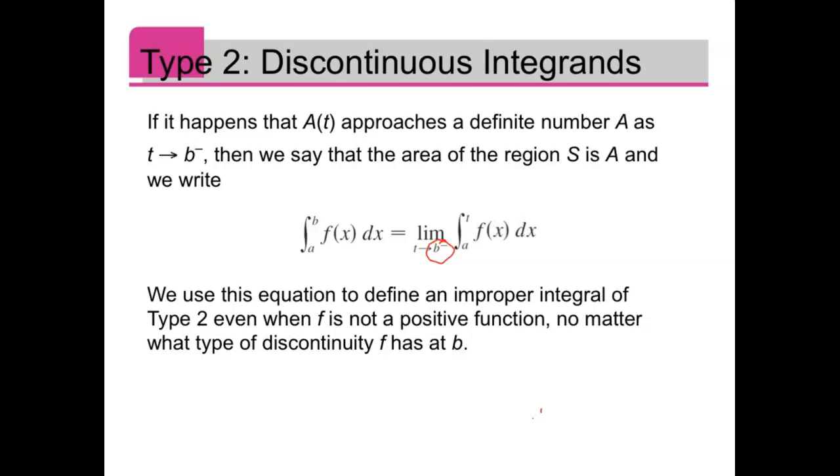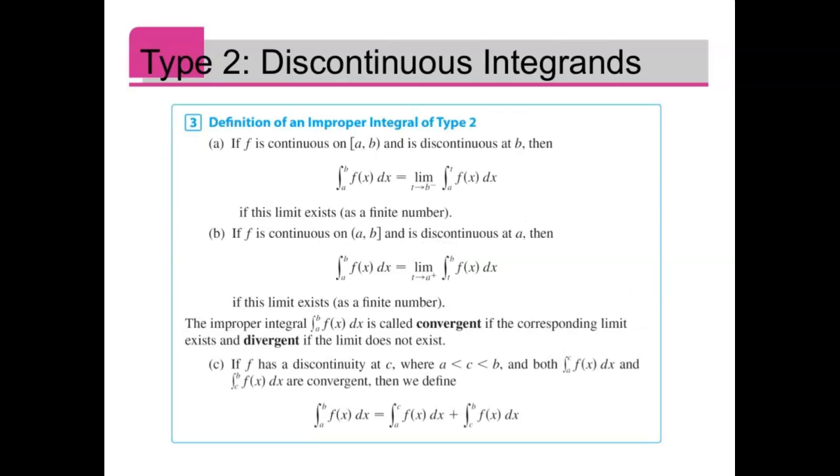If that limit exists and is finite, then we have a convergent integral. If that limit is infinite, then we have a divergent integral. Okay? All right, so I'll give you the technique on this next slide. Just go ahead and give me a green check when you're good with that slide.